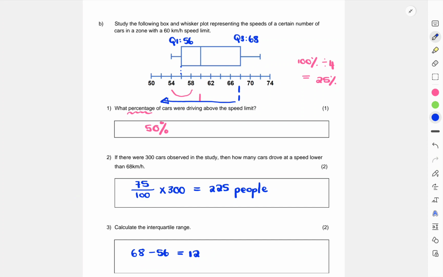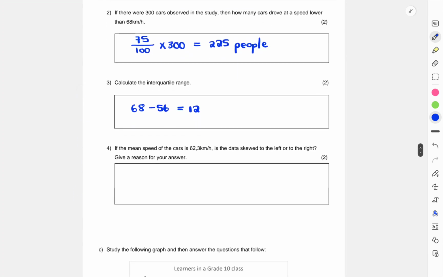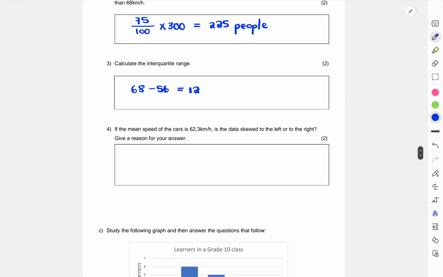I think you guys are so used to drawing a box and whisker, but remember they can also give you a box and whisker and ask you to analyze the data and answer questions accordingly. They say to you, if the mean speed of the cars is 62.3, is the data skewed to the left or to the right? Give a reason for your answer.